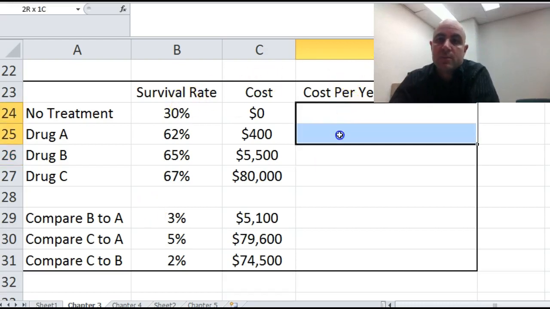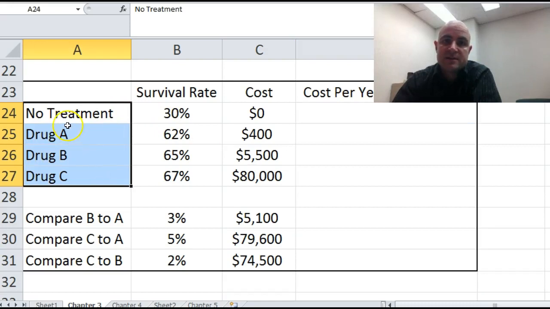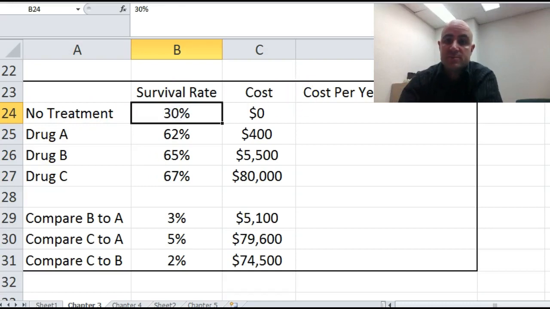So in doing a marginal analysis, we're going to look at our example here, and let's say that there's no treatment and then 3 drugs that are available. And so if you have no treatment, your survival rate's 30%.